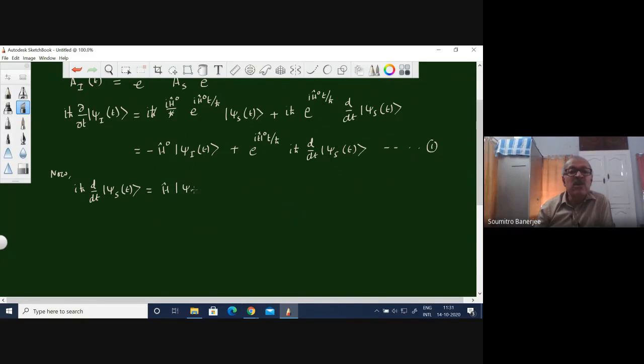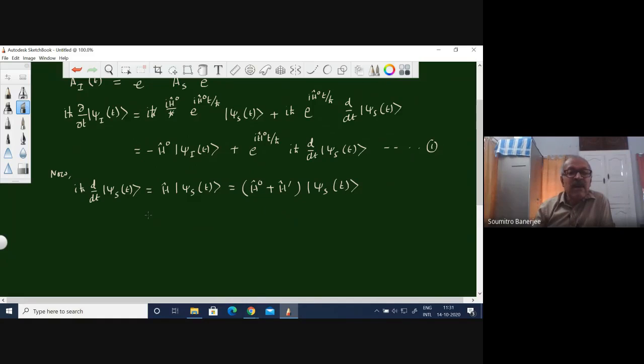This was the Schrodinger equation. But now this is a combination of two components. So it is H naught plus H dash operating on psi_S(t).